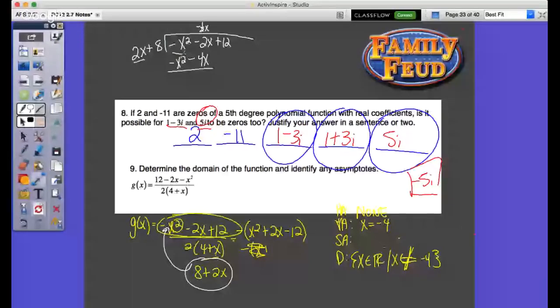And then I change the sign, giving me 2x, bring down the 12. Now the only thing I need, because I'm not concerned with the remainder, is what times 2x gets me 2x. And that would just be 1, right? So 1. The next thing is the remainder once I get the whole number. So my slant asymptote is y equals -1/2 x plus 1.